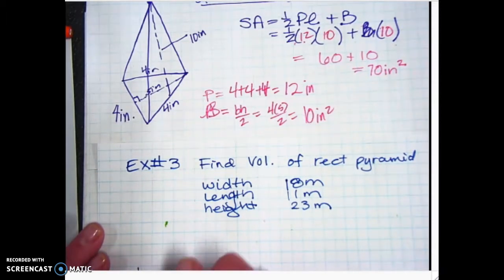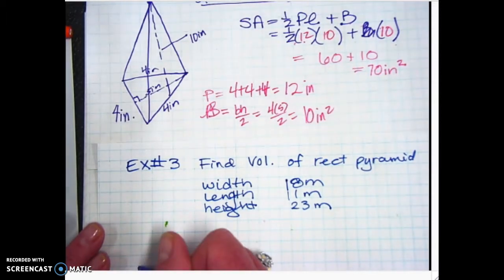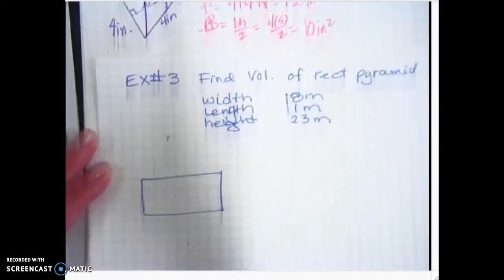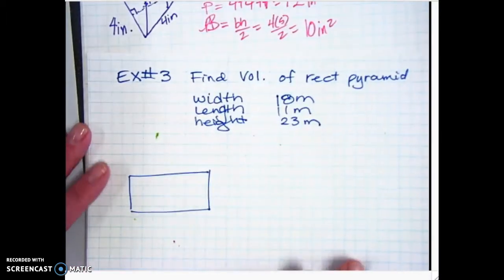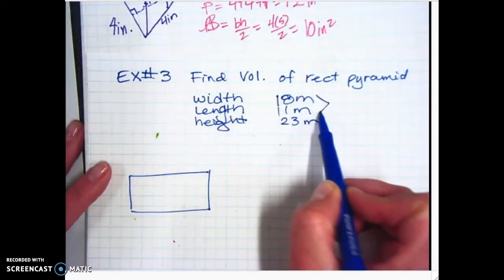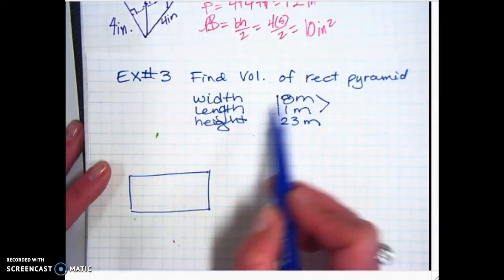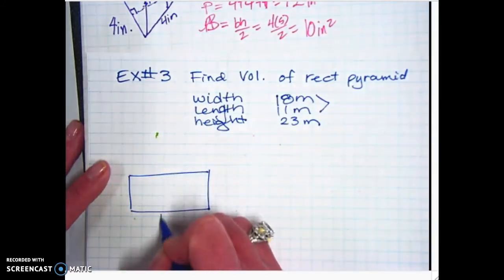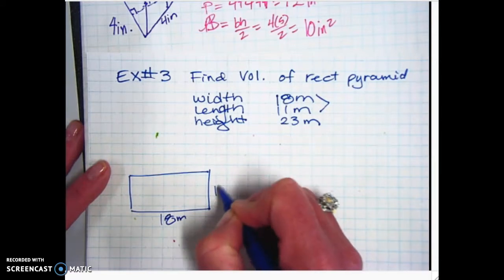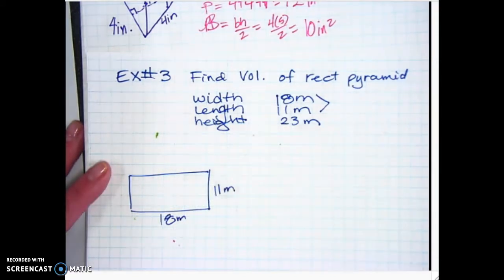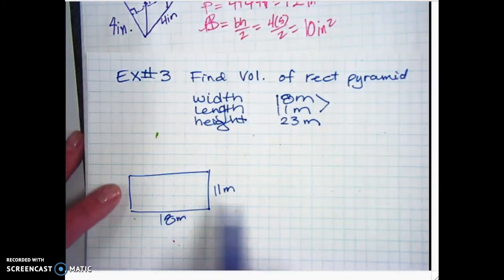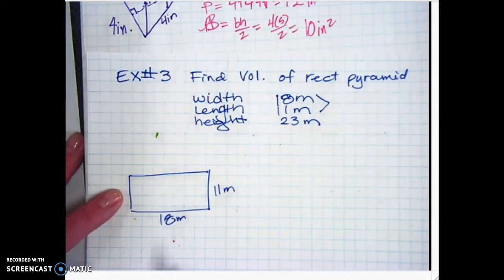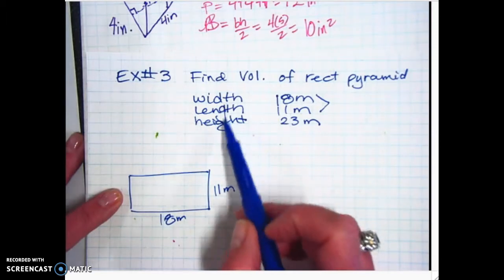Since the bottom is a rectangle, let's start by drawing that rectangle down here. And for the rectangle, we've got a width and a length of 18 and 11. So I'll go 18 here, 11 here. We're going to need, what do we need? Just the area of that. So we'll multiply it in just a second. Then we also need the height.